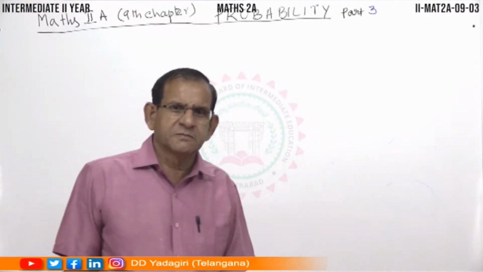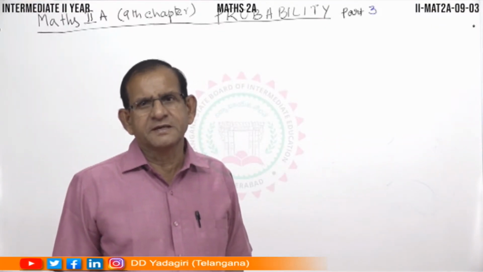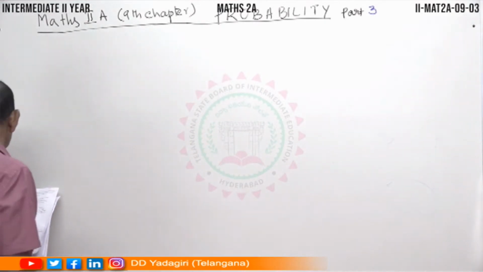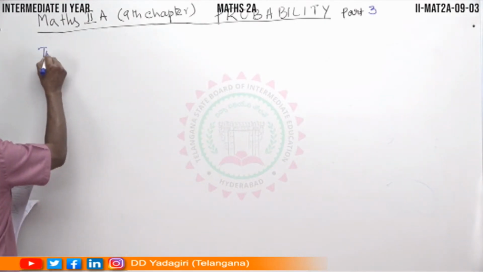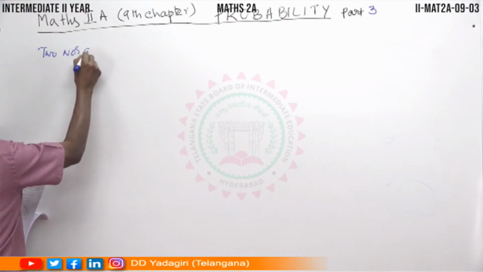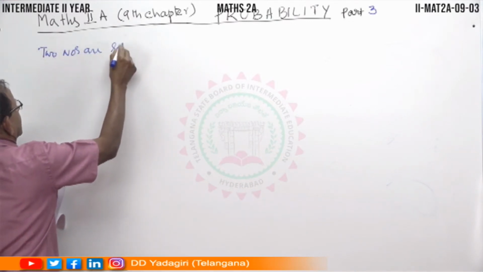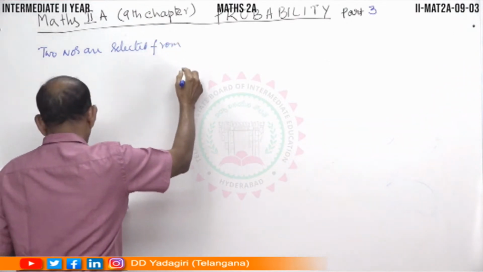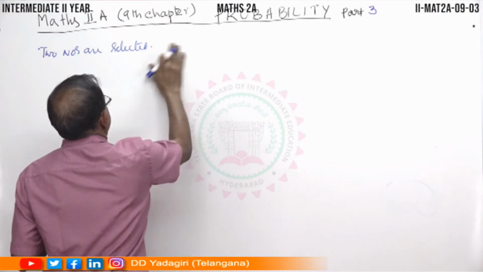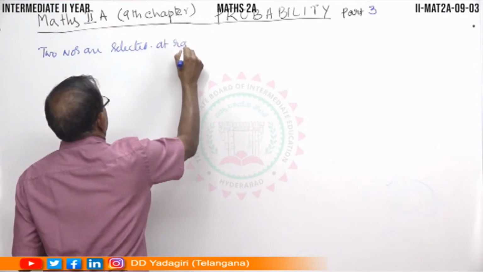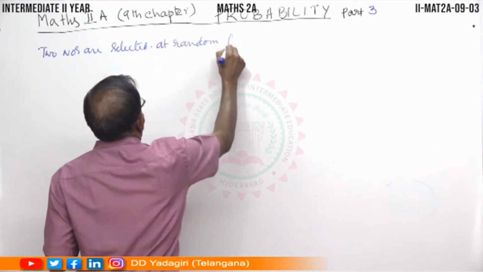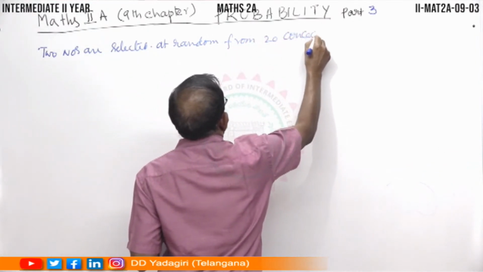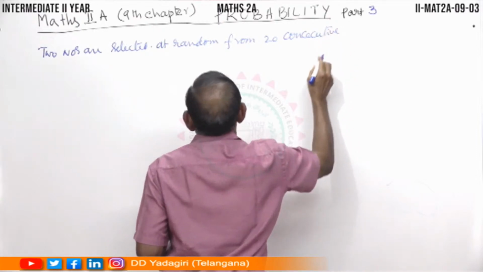Dear students, now I am starting my part 3 in probability. I will take a sum now. Two numbers are selected at random from 20 consecutive natural numbers.